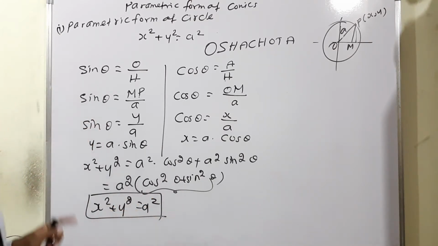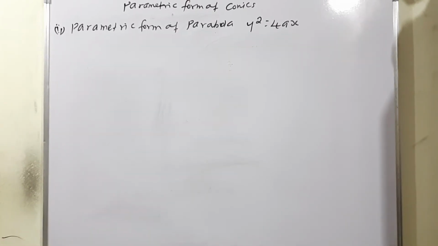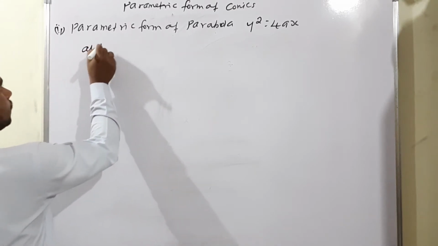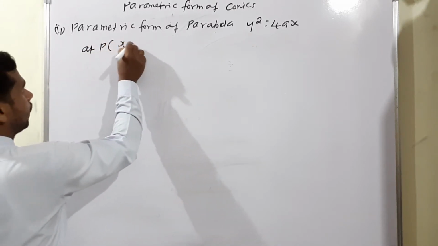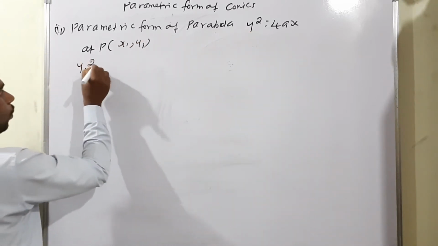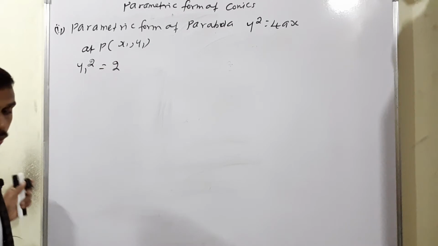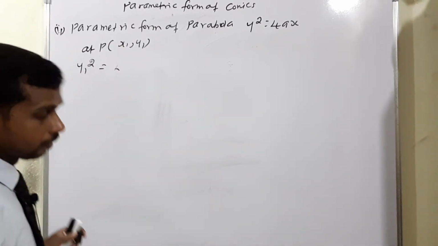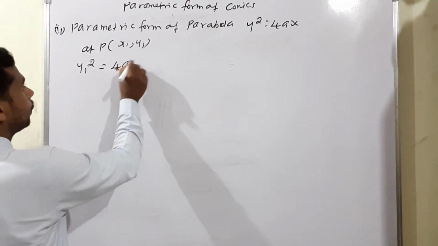I am moving to the second one. Condition y square is equal to 4ax at a point P, x1 comma y1, so instead of y square we can write y1 square is equal to 4a into x1.